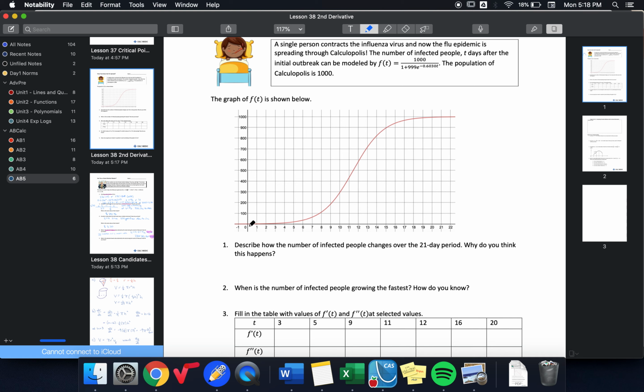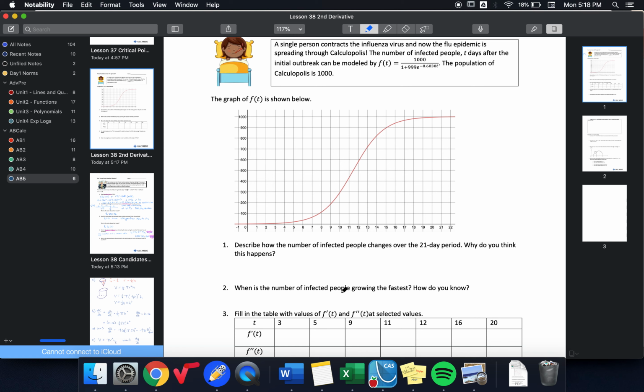That one person infects a few other people slowly over the first 4 days, and then suddenly a lot of people get sick because each person is infecting other people and your germs are spreading. But then it slows down at the end, because by the end of those 21 or 22 days, everyone in Calculosopolis has been infected and has had the flu. So that's what's happening there.